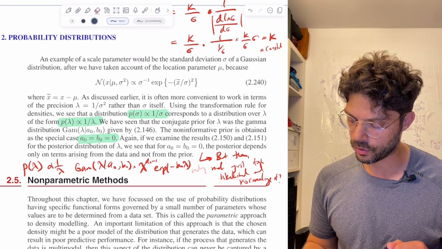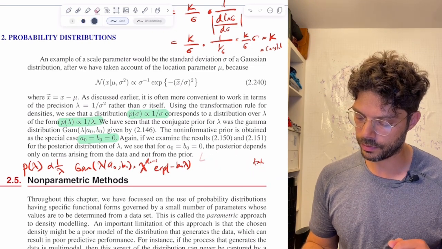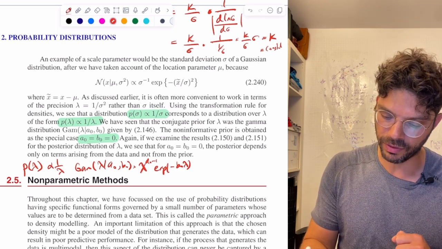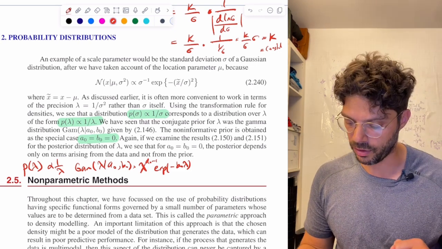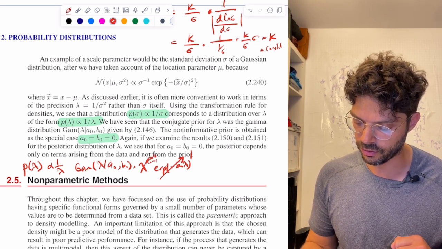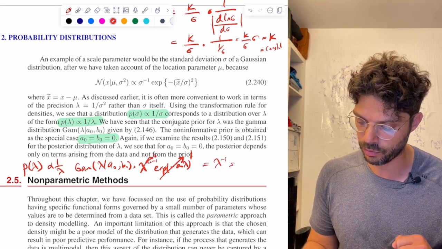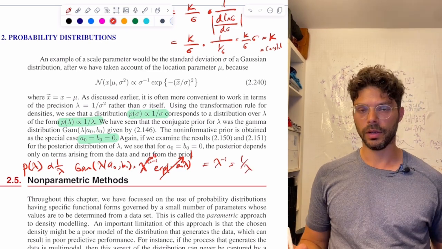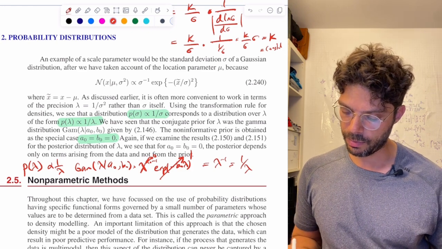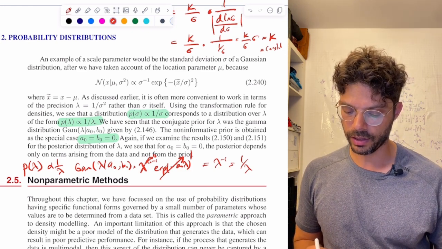Let me erase this question. We'll come to this. And so if we set b naught to 0, then the exponential is going to go to 1, and a naught goes to 0. So this is just going to equal lambda to the minus 1, which is 1 over lambda. So this is what we want. So the non-informative prior is obtained in the special case a naught equals b naught equals 0.